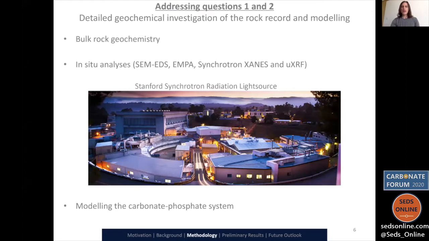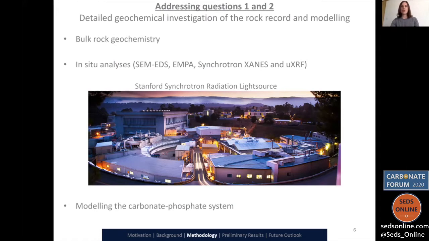Now, a lot of these approaches that we are using, Sascha has covered already. This is one of our approaches, to investigate in detail the geochemical characteristics of the rock record.